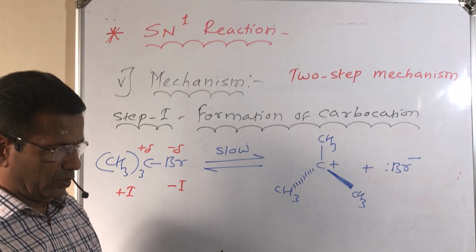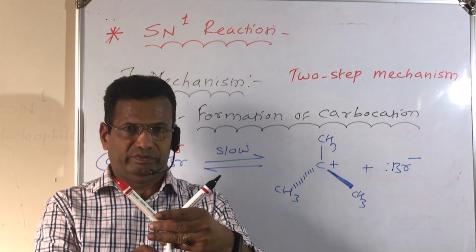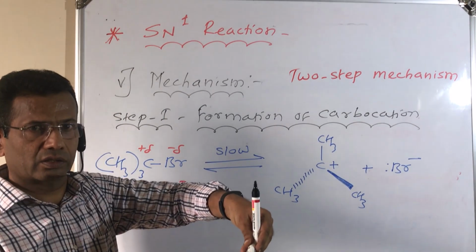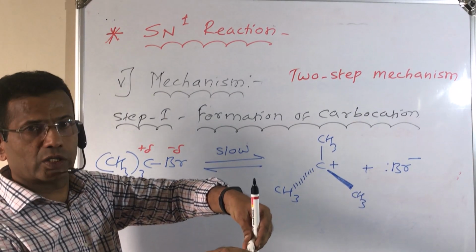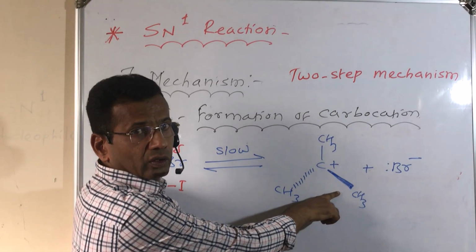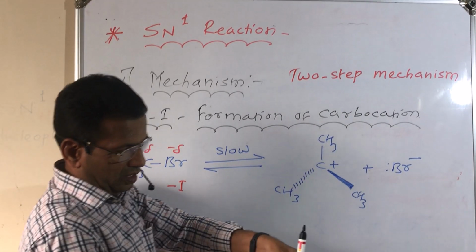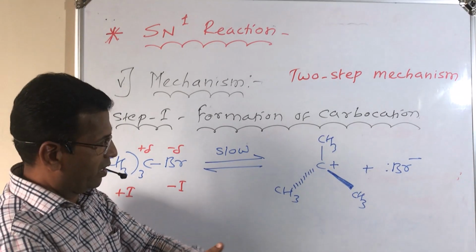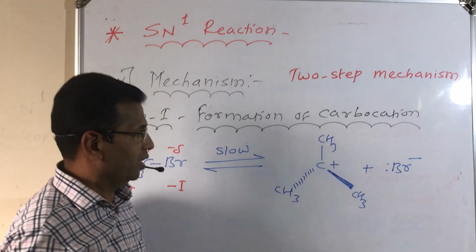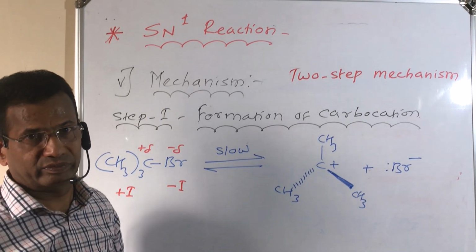We can show it on one plane, but whenever a planar trigonal structure is shown like this, the bond exposed in front is shown by a bold line, and the bond at the back of the plane is shown by a broken line.